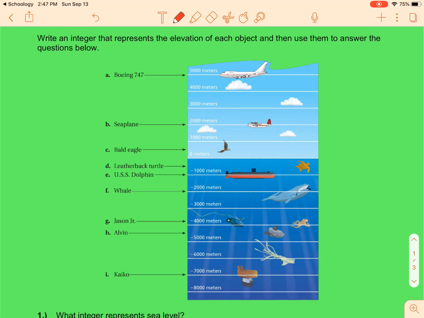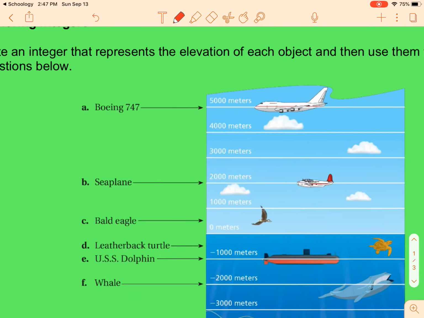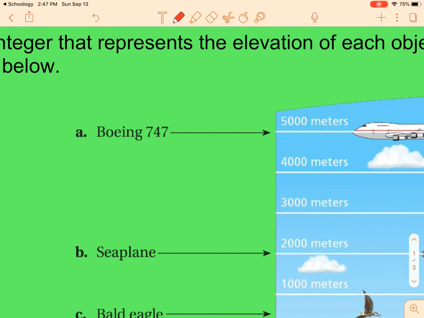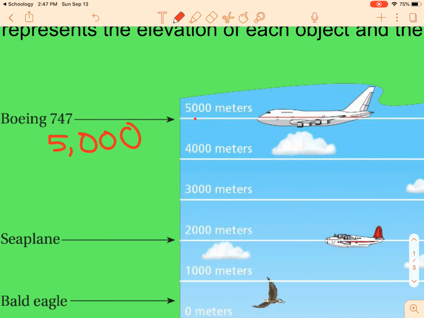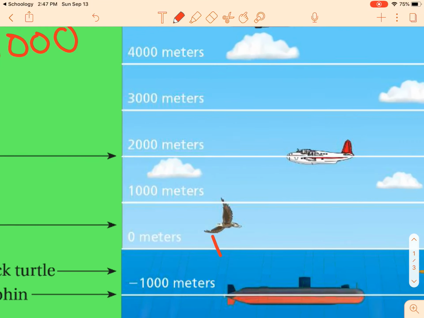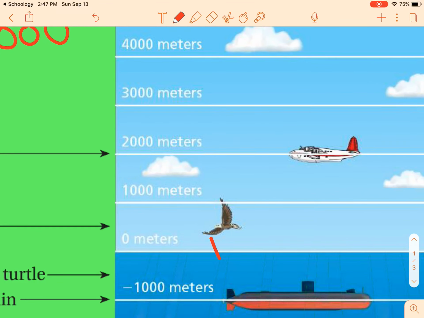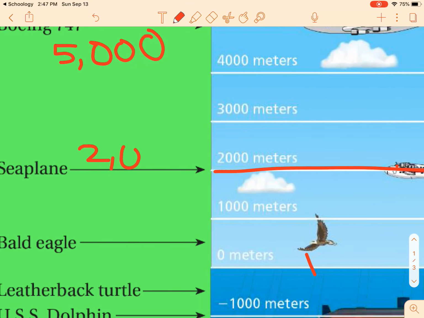So before we even look at the questions, we are going to figure out what integer represents each one, A through I. So A, I would say it is 5,000 meters. It's flying right at that line, so I would say that's 5,000. Our seaplane, I would also say that is about 2,000. It's right on the line, so our seaplane is 2,000.